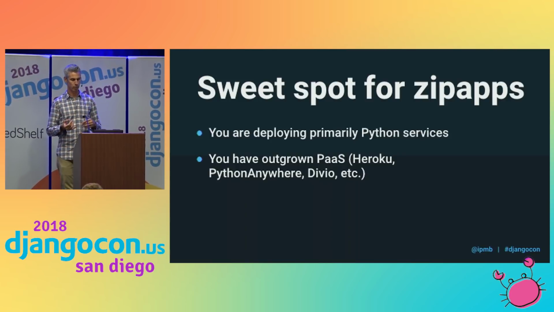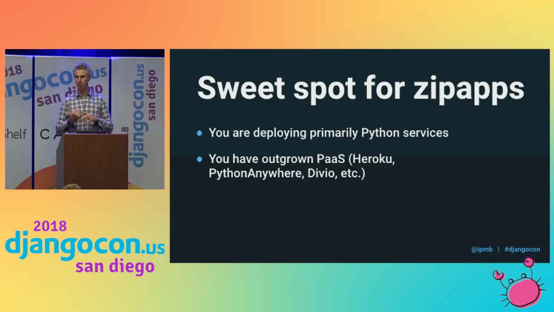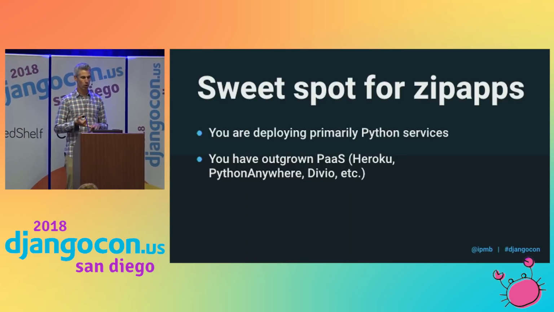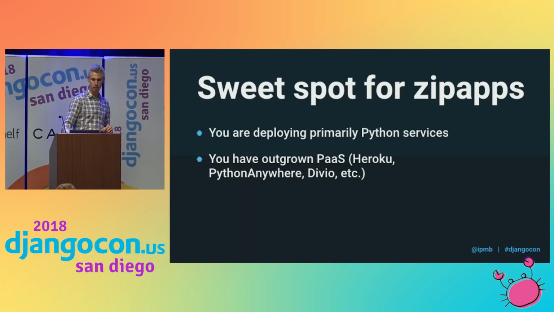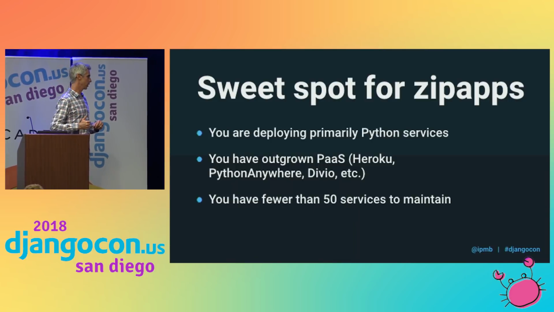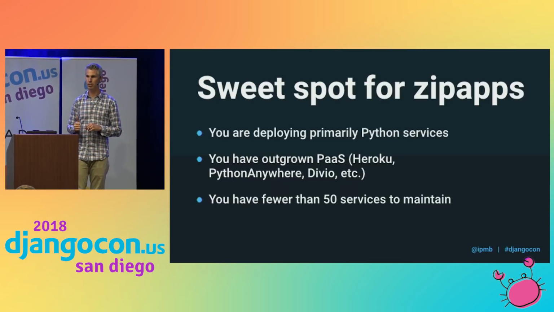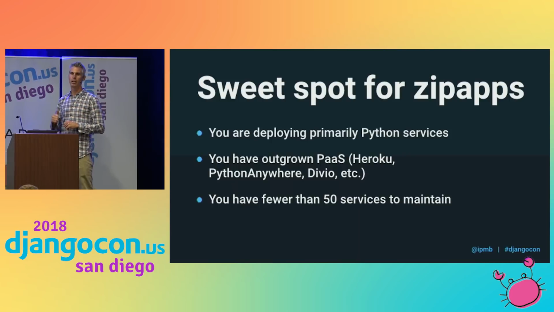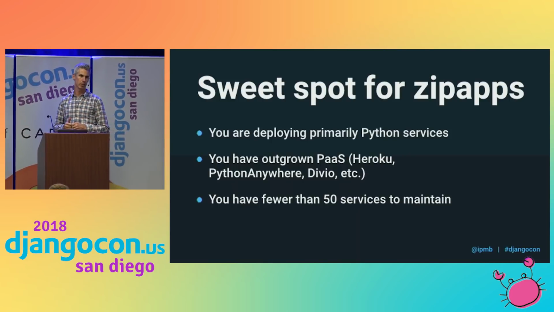They either find that at some point it makes more sense from a financial perspective to bring these things in-house, or they need more flexibility than they get with one of these options. And this is an arbitrary number, but I'm going to say if you have fewer than 50 services to maintain. If you have 100 services, 1,000 services, something like Kubernetes is probably where you want to be.